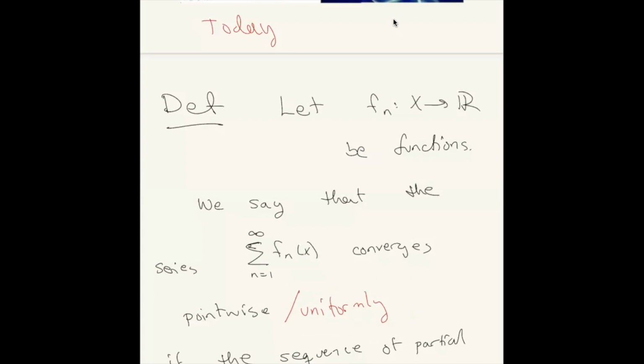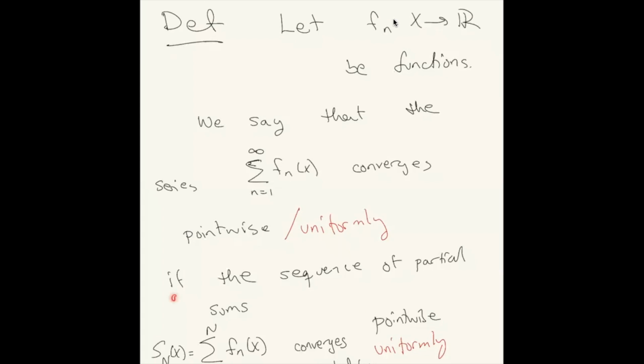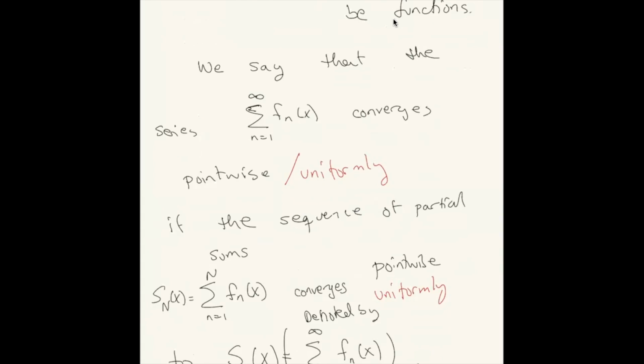Everything applying to uniformly is in red, pointwise in black. If the sequence of partial sums, so you sum only up to an index n, now this is a particular function, converges pointwise or, respectively, uniformly to some function s of x, then we say that this series converges. Any questions on this?